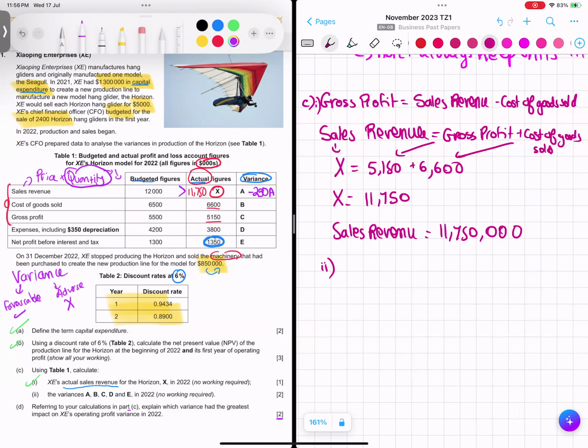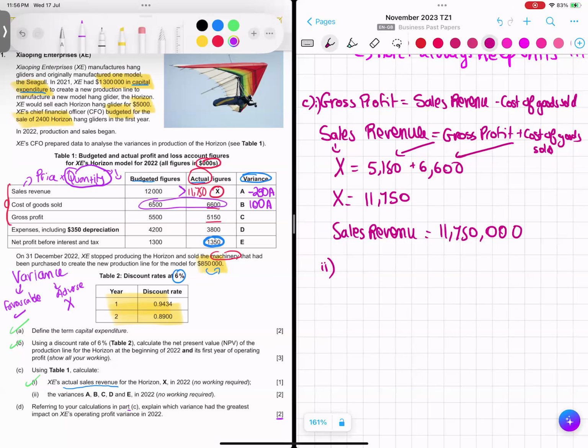Then we have cost of goods sold. Here we need to subtract 6,600 by 6,500. We get 100. Now, is this adverse or favorable? This is adverse. Why? Because it's costing the business more. So the business is spending more money on cost of goods sold.